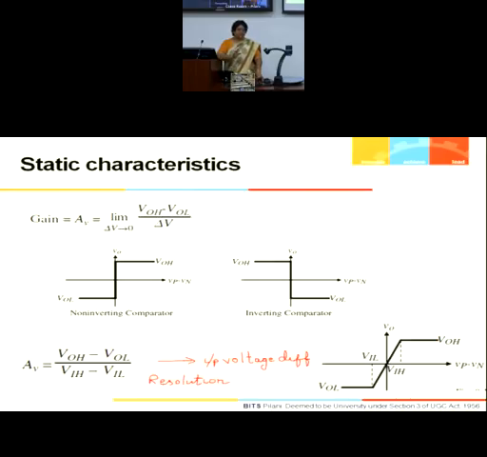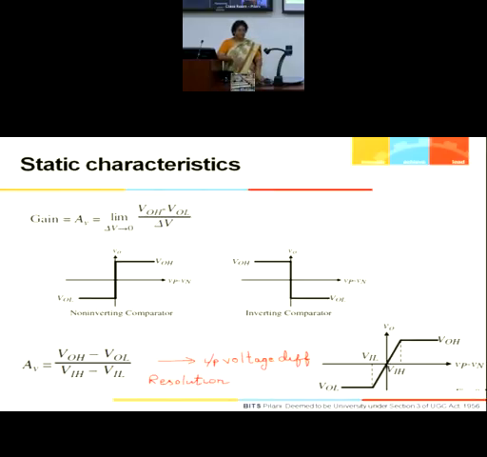So it is desirable for my op-amp or comparator to have a very high gain. Not because I want a good amplification, but because I want even the minutest difference between the two terminals to be detected.